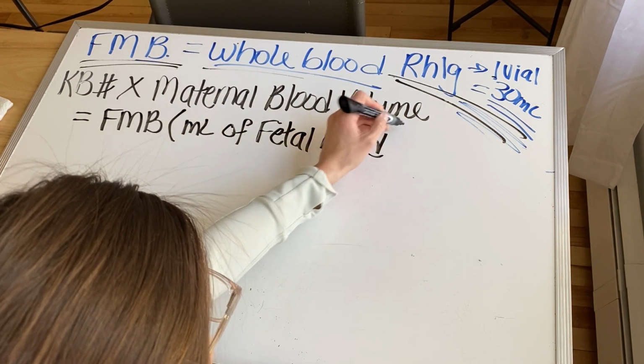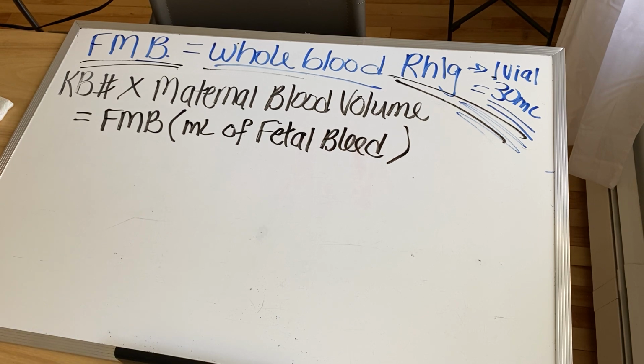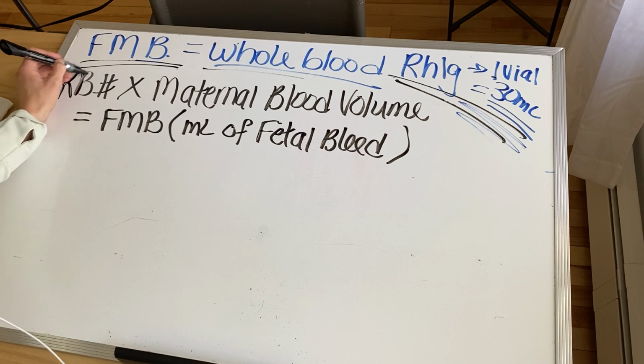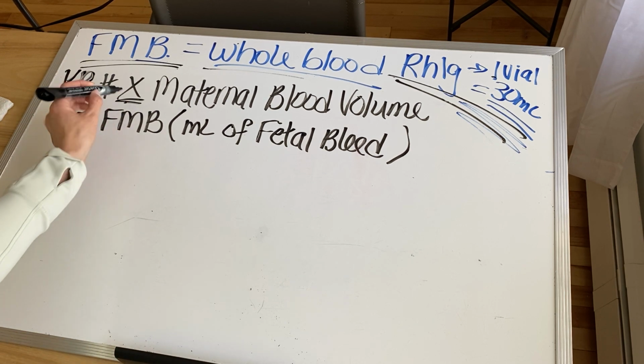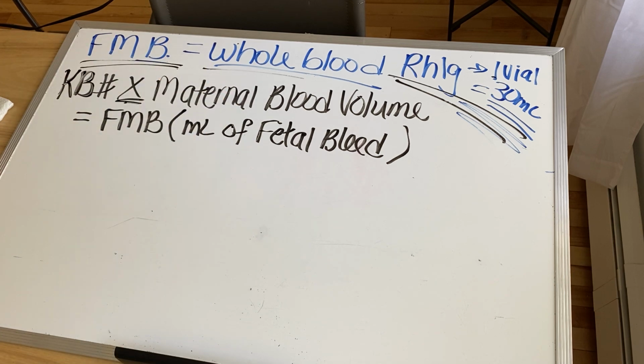Same thing. So your Kleihauer-Betke number, multiplied by your maternal blood volume, is your fetal maternal bleed, or your mils of fetal bleed, however you want to say it.